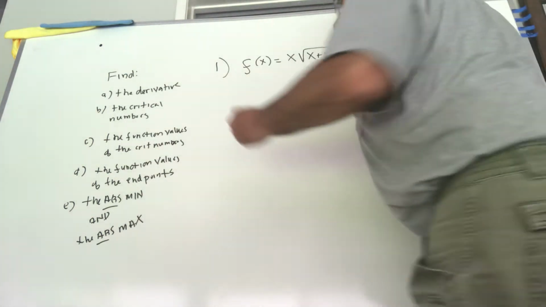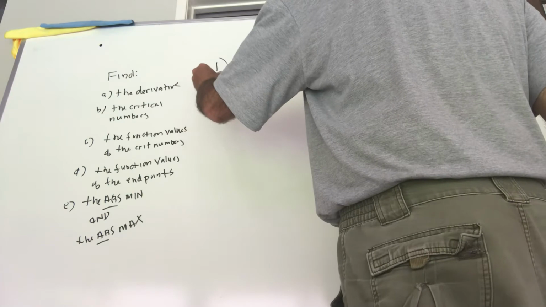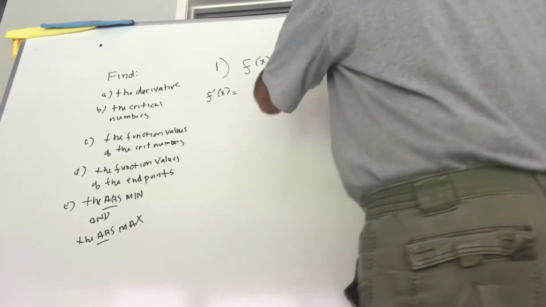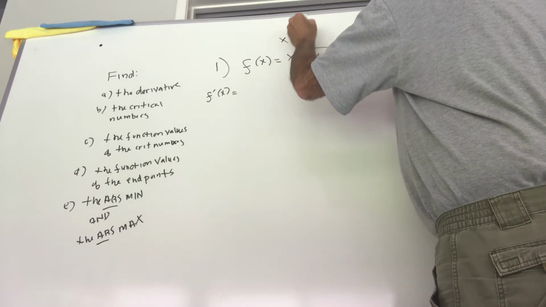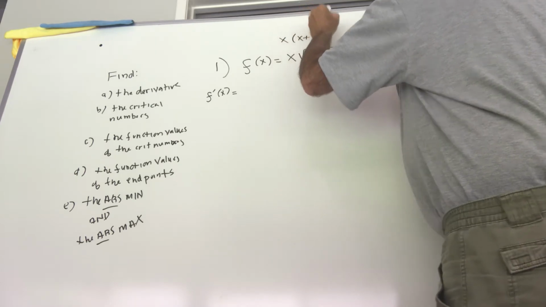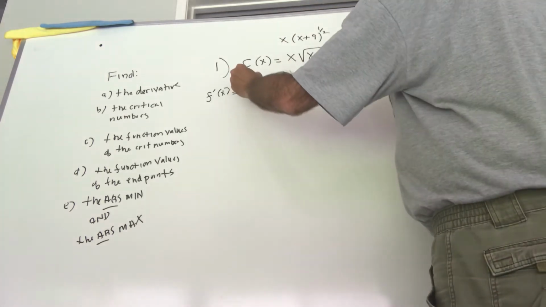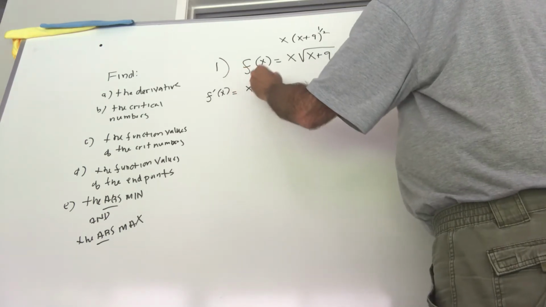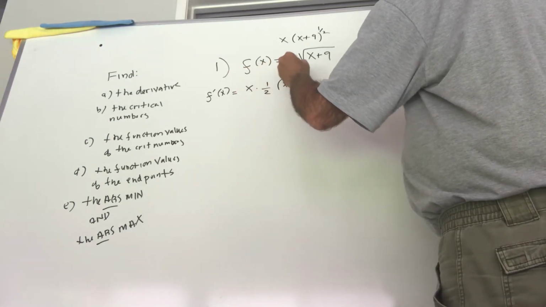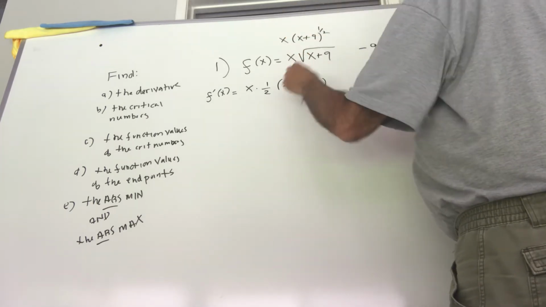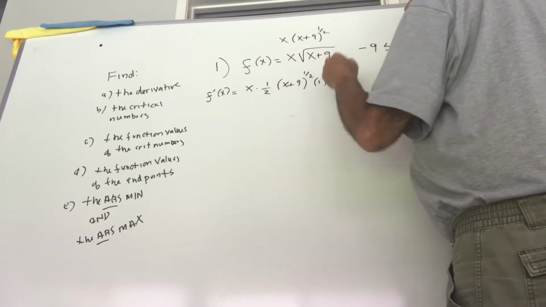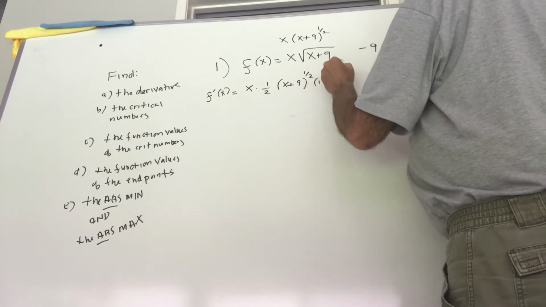Okay, so the derivative, now you probably want to rewrite this in fractional exponents. So it's the first times the derivative of the second. So we have a product rule with a chain rule. Now you can put times 1 here, just remember to take the derivative of what's inside, plus the second.